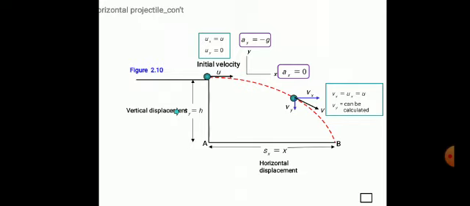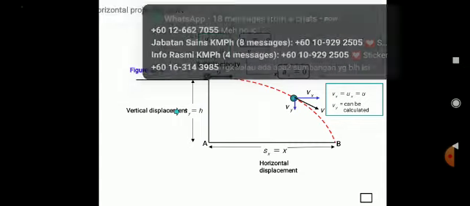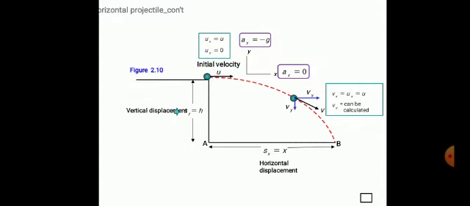As it goes along the parabolic path until it reaches point B, the velocity along the x component is constant. Vx equals u. So practically there is no change of velocity for the x component, giving acceleration along x as 0. So ax is 0 because there is no change in velocity. Velocity along x is constant.